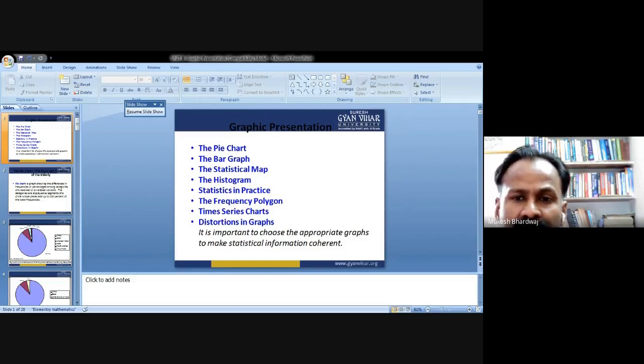So again, the white portion is showing under 5%, and something darker than white is 5 to 9.9%, and the most darkest shaded portion is 10% or more.